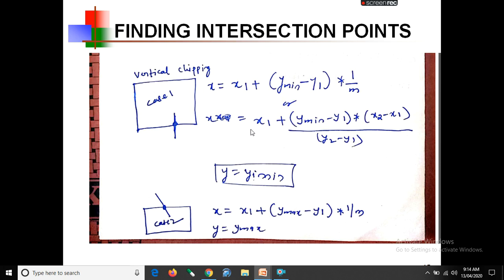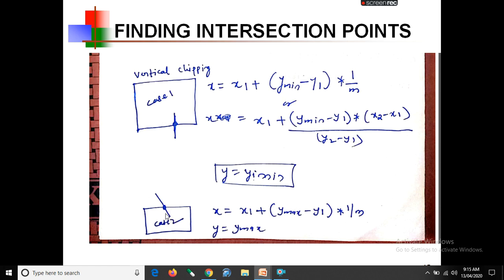This x and y represent the new intersection point. With the help of the intersection point, the endpoint that lies inside the clipping window we accept, and we display that part of the line segment on the screen of the monitor. This is case 1.